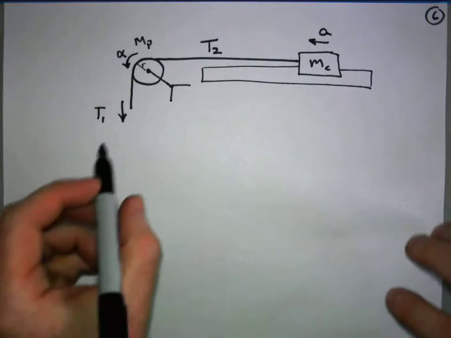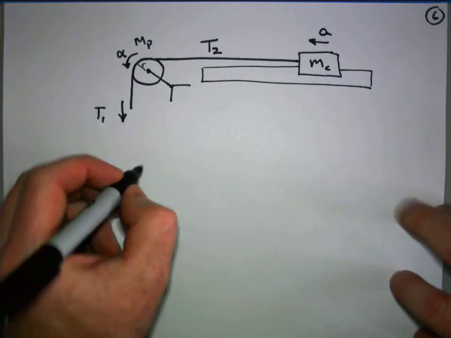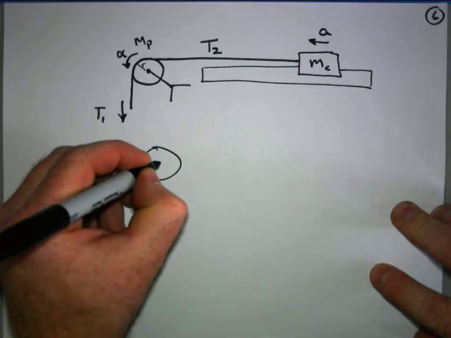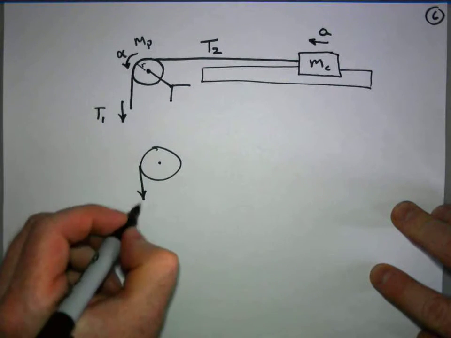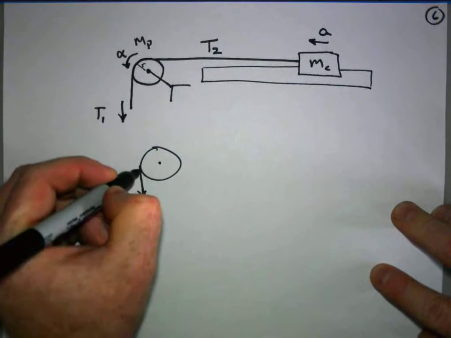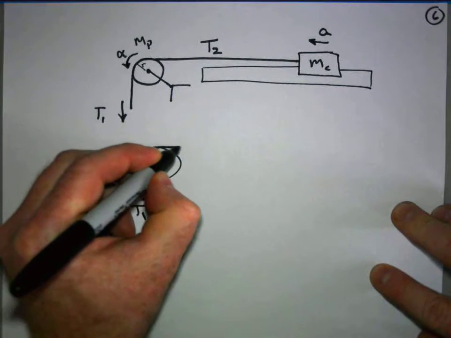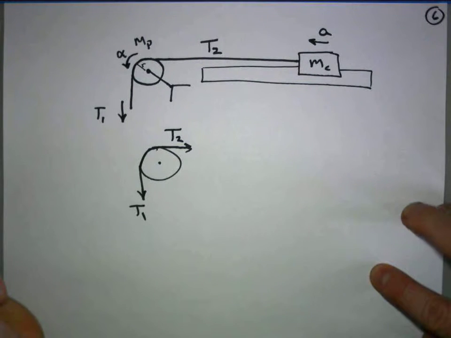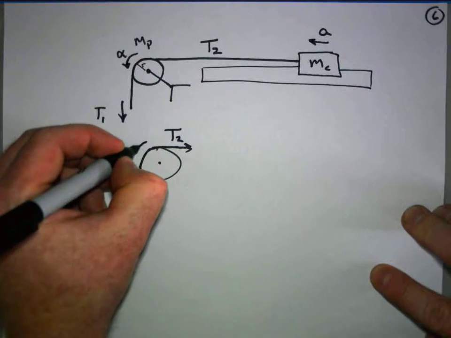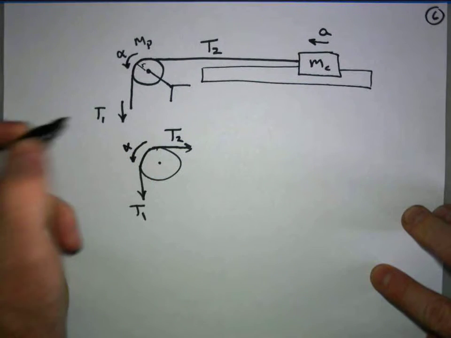Awesome. Well, looking at these objects separately, here's our pulley. Now we have tension 1 pulling this way on the pulley, but the string comes off. There's tension 2 this way. But what we know is that there will be an angular acceleration that way.